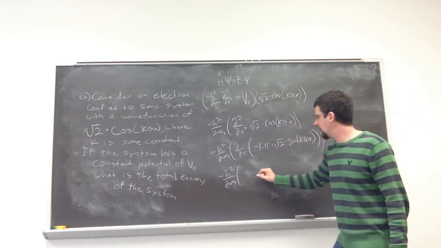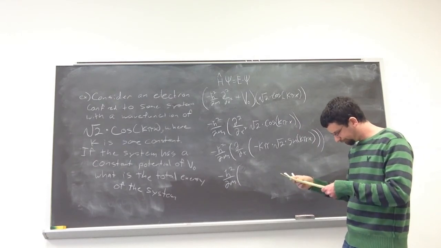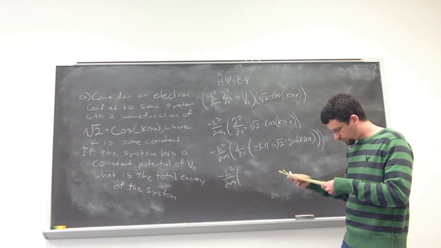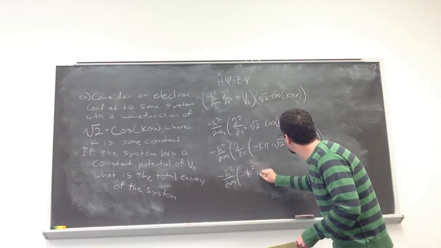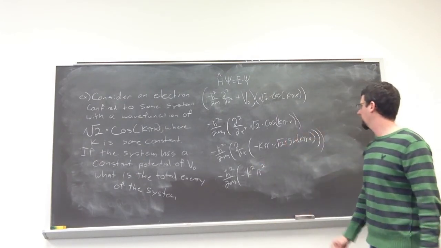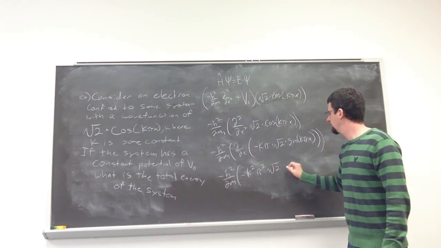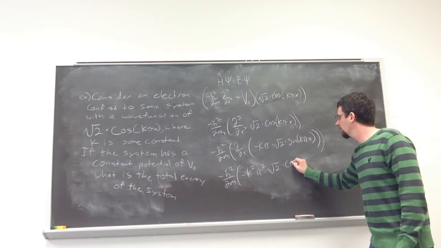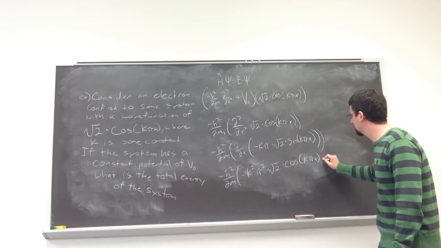Taking the derivative of this, we pull everything out and should get negative k squared pi squared, because that first part's just going to come out, times square root of 2, and the derivative of sine is cosine, so we get cosine k pi x.